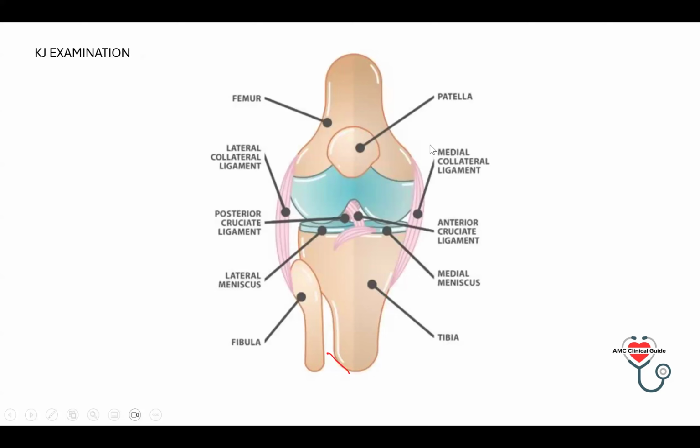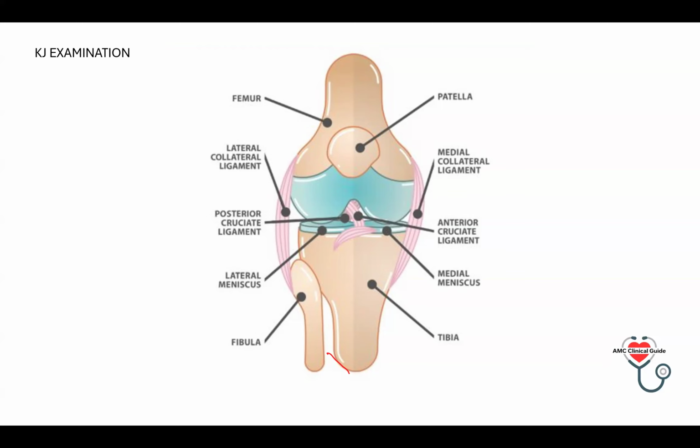So I'm going to explain today about knee joint examination. When you are doing the knee joint examination, first you have to understand what the structures in the knee joint are and what the differential diagnosis can be, so that it becomes easy.